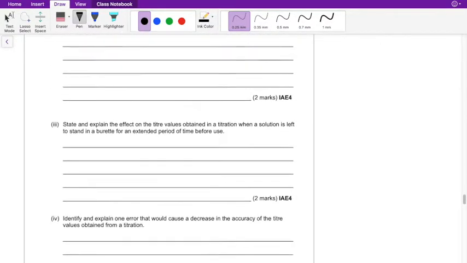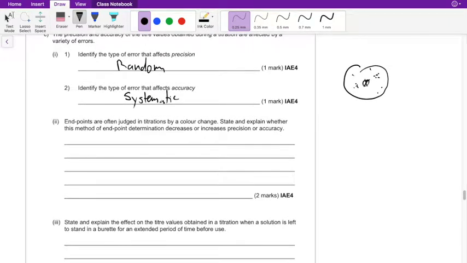If you're judging endpoint by colour change, you're literally just a human looking at the colour change. Obviously, when you pick that colour change, that human error comes into play with your eyes. So you're not going to be able to say that the colour change occurred perfectly each time. So human error is going to cause each endpoint to be determined differently.